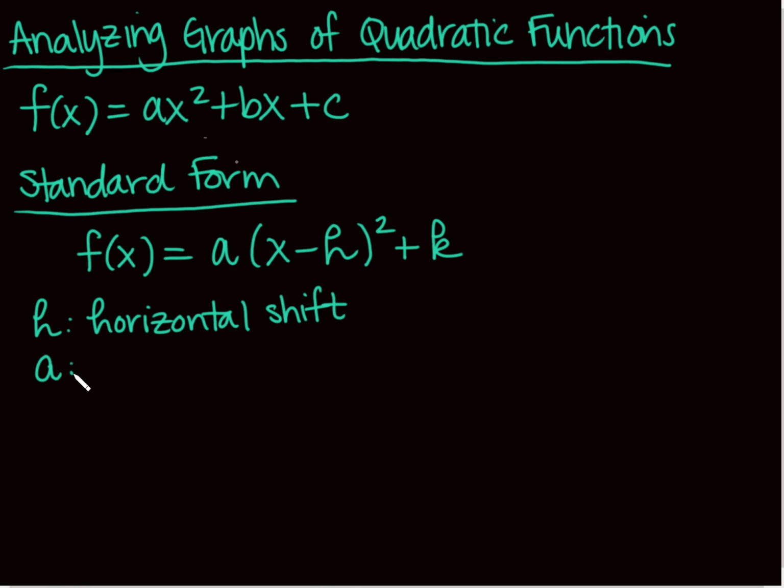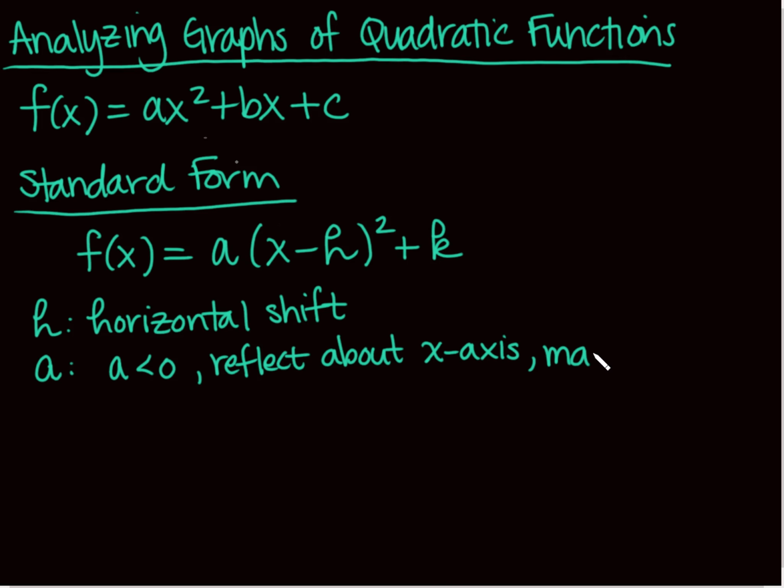The a, let's talk about a. There are a couple of things that can happen here. If a is less than 0, meaning it's negative, then we reflect about the x-axis, and in this case we have what we call a maximum. I'm going to talk about that in a second.